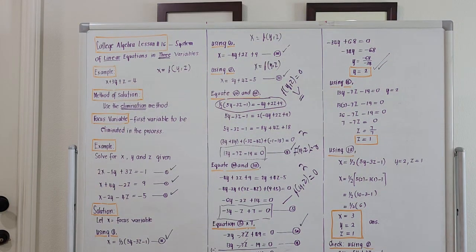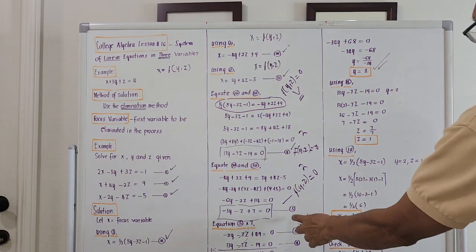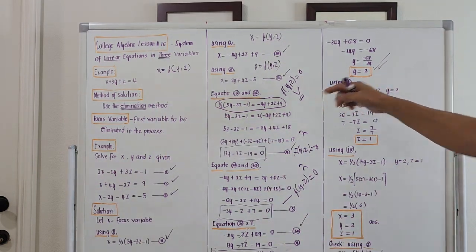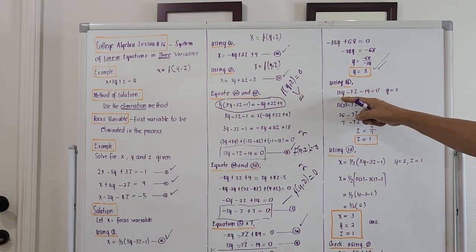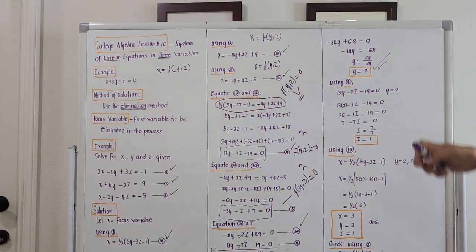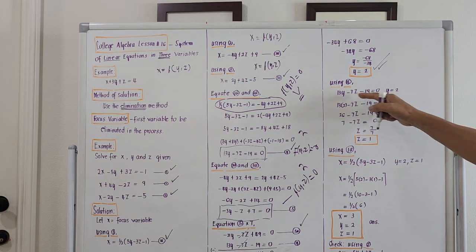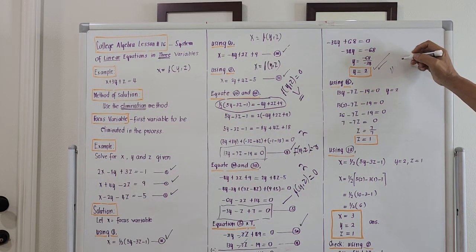So to compute for z, you could go back to either equation number 4 or number 5, but I prefer equation number 4. Equation number 4 is 13y minus 7z minus 19 equal to 0. From this equation, it only involves y and z, right?